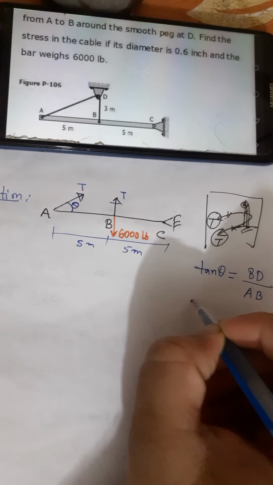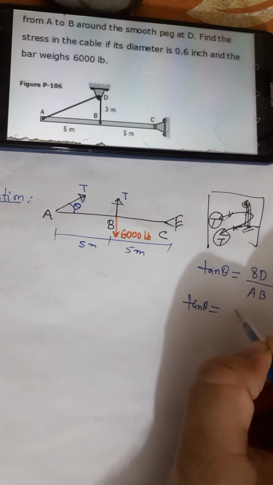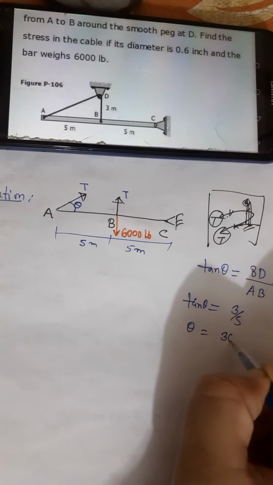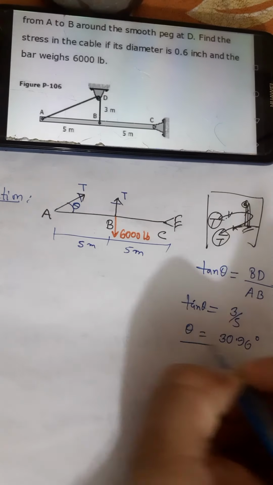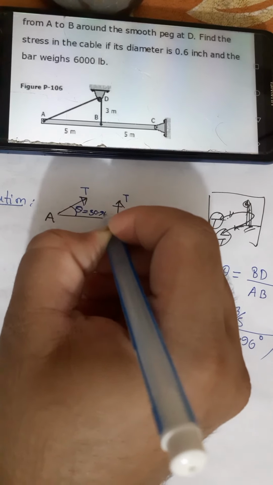So tan theta equals 3/5, then theta equals 30.96 degree. So this value is known to us: 30.96 degree.